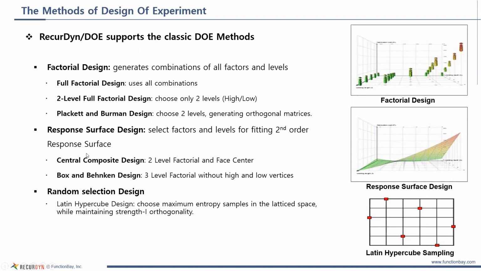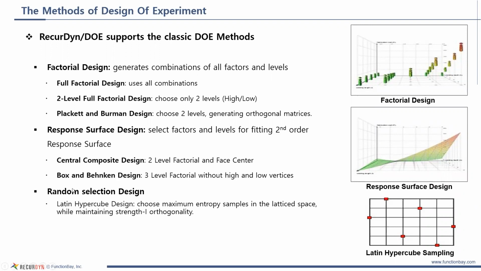And then there are also these response surface design options. This is where you can select factors and levels for fitting a second order response surface. This includes the central composite design and the Box-Behnken design.